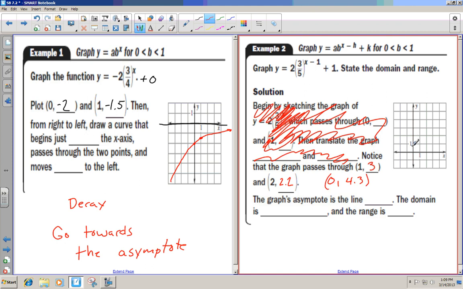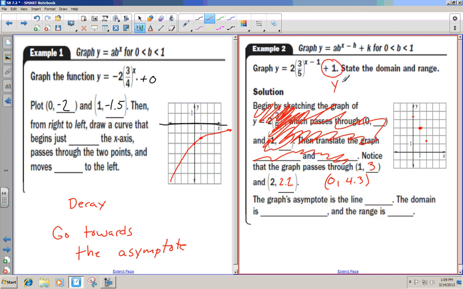So let's plot those points. 1, 3, 2, 2.2, 0, 4.3. And you know that the asymptote is what is being added to the whole equation.